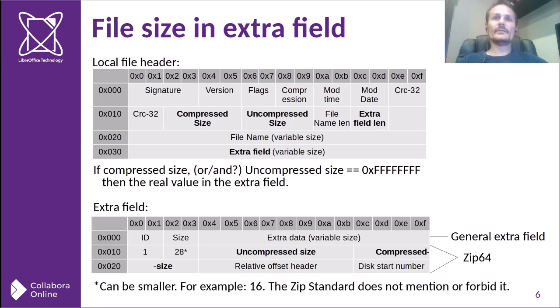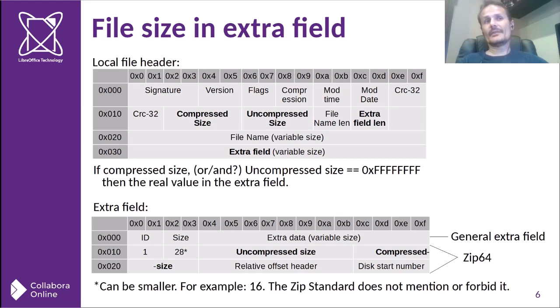In the Zip64 case, the ID is 1, the size is, well, it should be 28, but it's sometimes smaller than that. And there are the uncompressed size and the compressed size in 8 bytes each, and there are 2 more fields that are not important for us now.